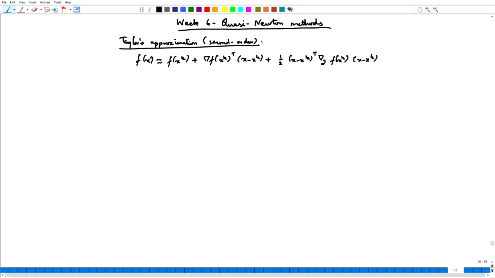So, we might have written this as g k transpose and this as h k. I think that is fine.